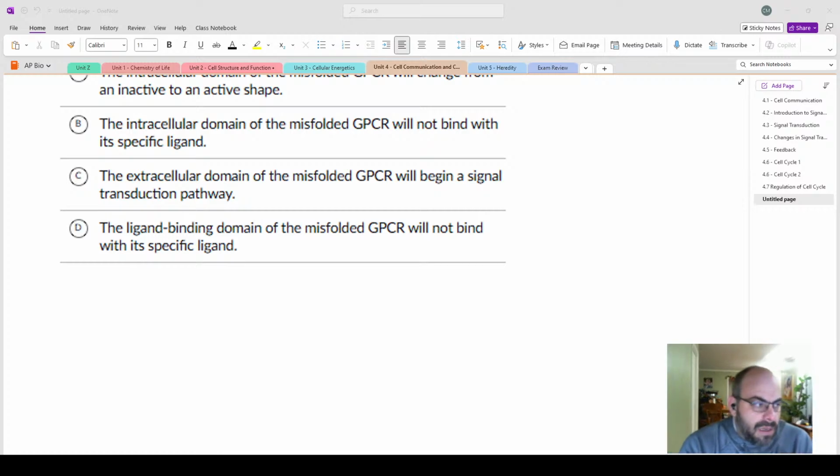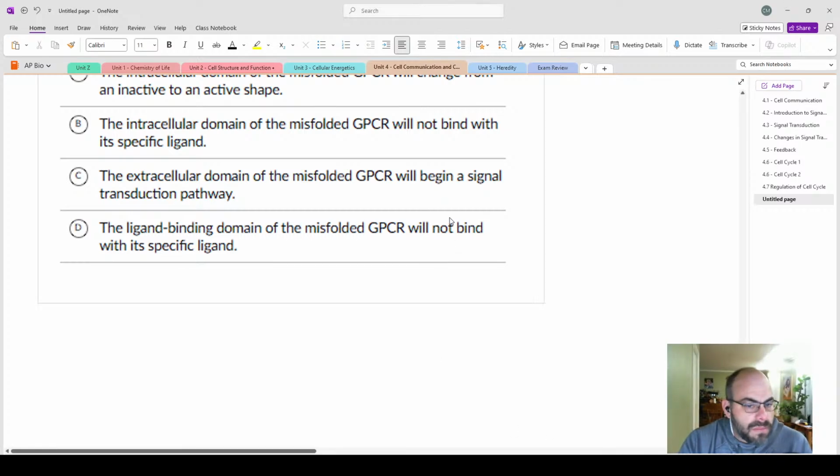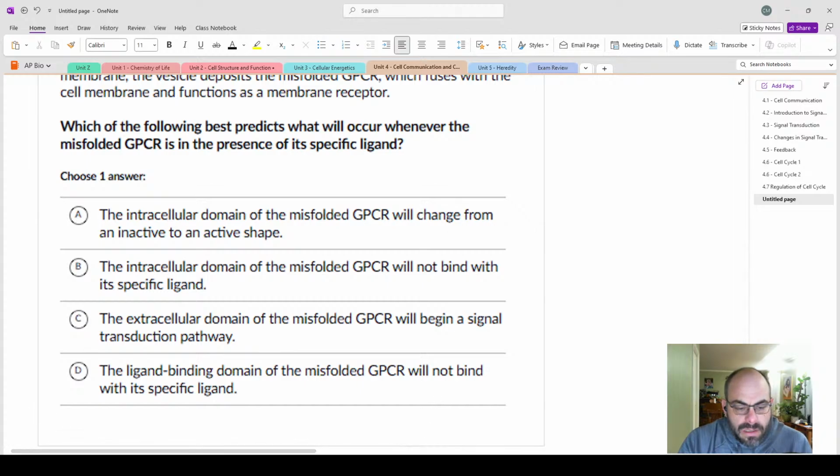So B is the distractor there. Let me zoom back up. B is the distractor there, right? You know that it's not going to bind because you know that it's misfolded. And let's just see why they say it's incorrect. It is true that a misfolded GPCR will not bind with a specific ligand.